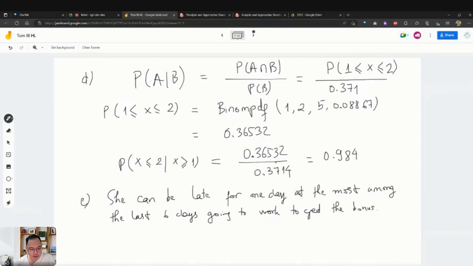So the probability that she is late for one day, x equals 1, is the binomial.